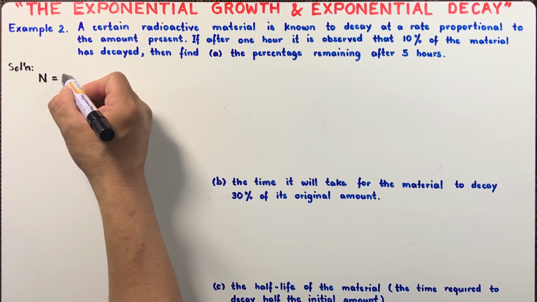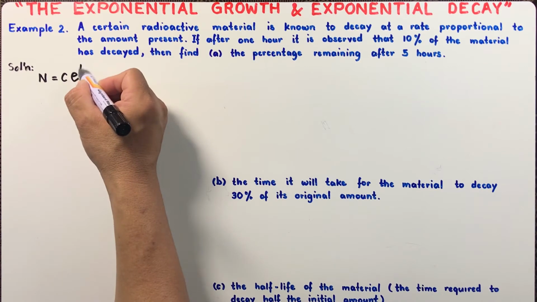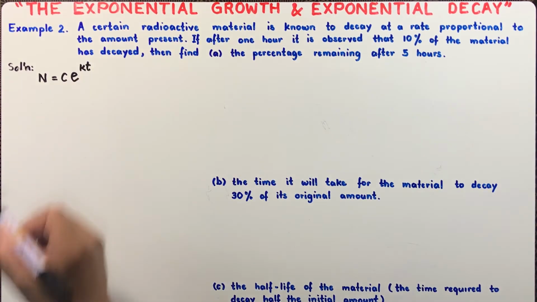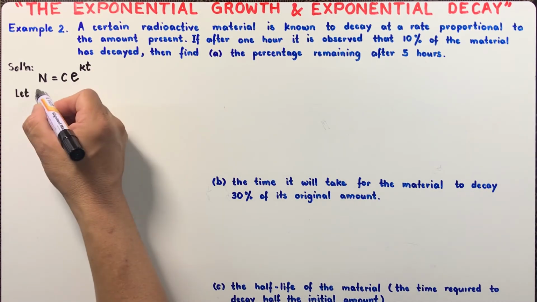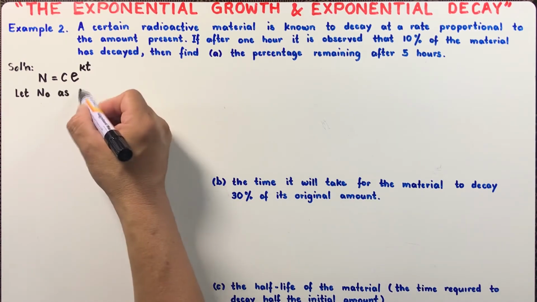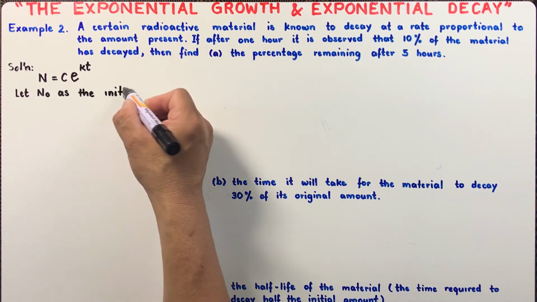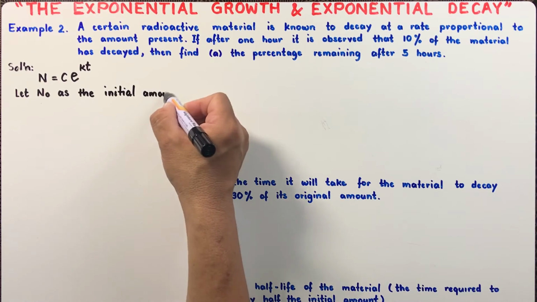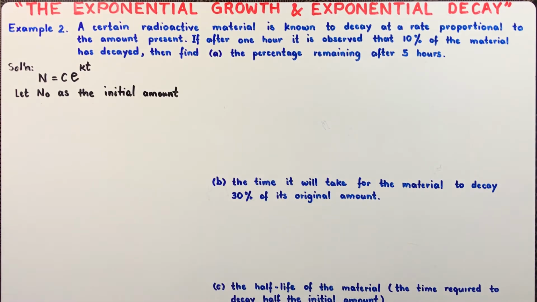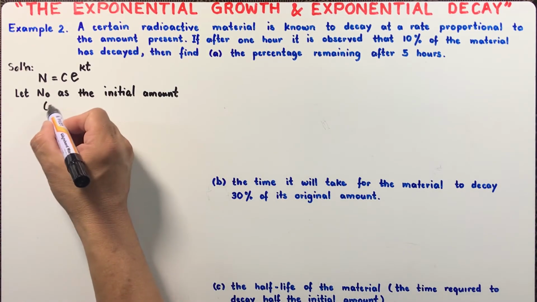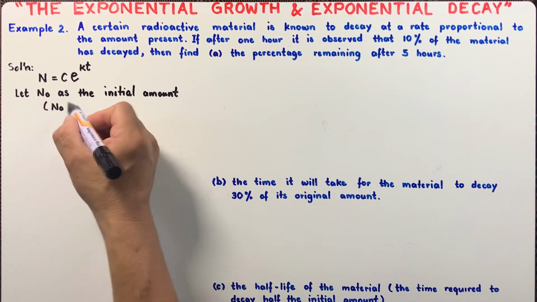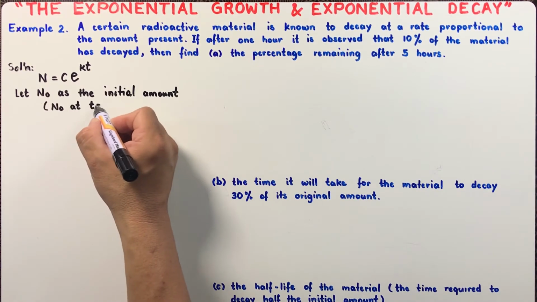So first, let us model this decay using our exponential change equation, which is big N equal to C times e to the power kt. Now, let us represent N naught, or N sub 0, as the initial amount or the initial quantity, at time 0.